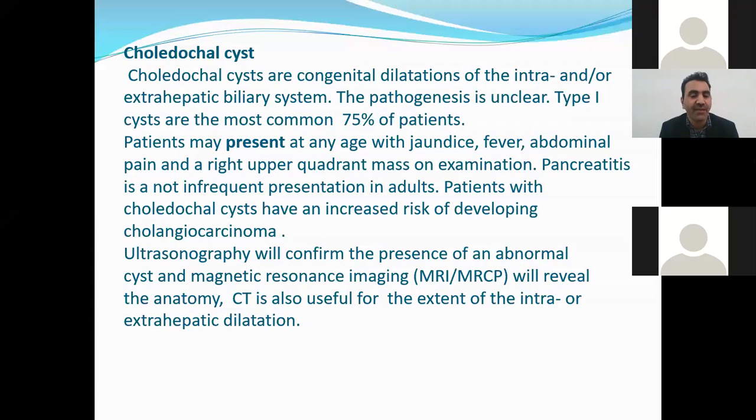It is diagnosed by ultrasound, which would confirm the presence of abnormal cyst formation within the bile duct, and magnetic resonance imaging (MRCP) will reveal the anatomy of this dilatation. CT is also useful to assess the extent of intra or extrahepatic biliary dilatation.